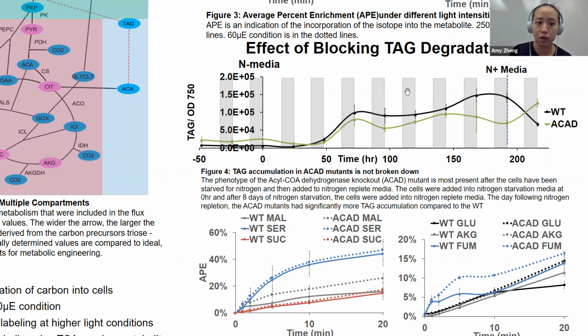And so we starve the cells for about a week, and then we add in the nitrogen replete media, and then we see that 24 hours later, the ACAD has much more TAG accumulation compared to the wild type, which was able to break the TAG down.